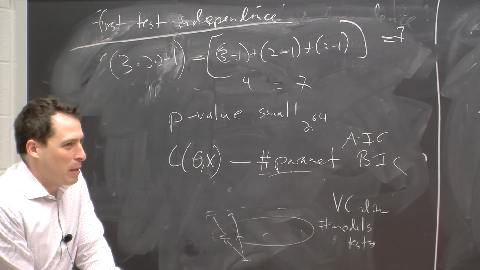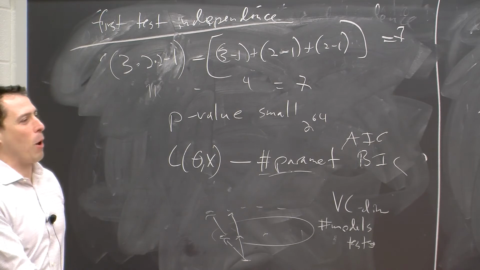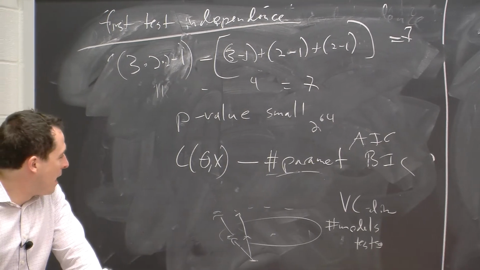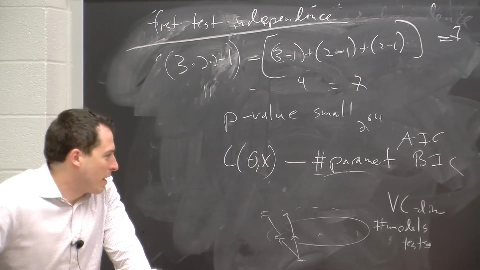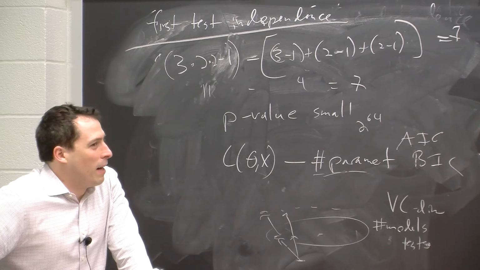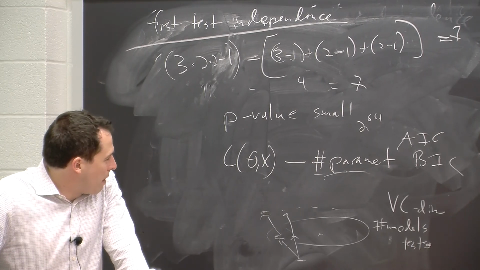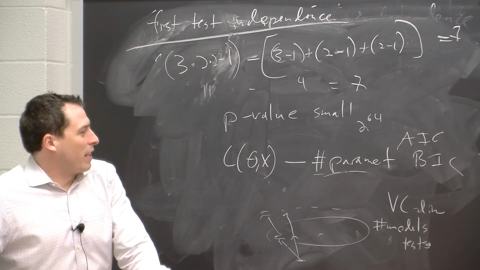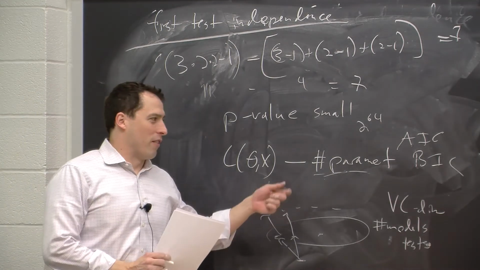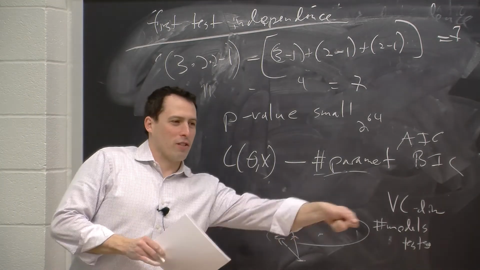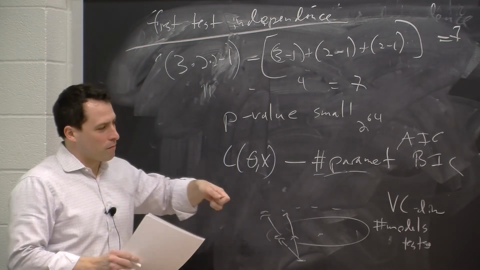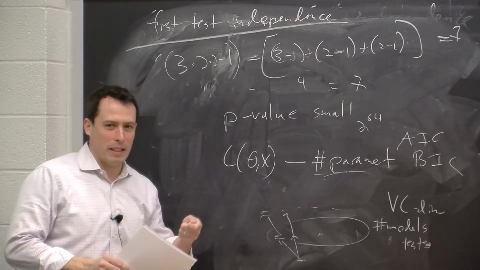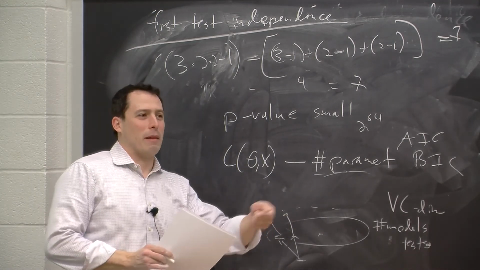There are people working on this. For example, there was a talk a week or two ago by Adam Smith in our computer science department, who works on privacy. One thing they're thinking about is a privacy-like model that says every time you do a bunch of sequential tests against the data set, you extract some information from it, and you destroy some of your ability to make valid inference.